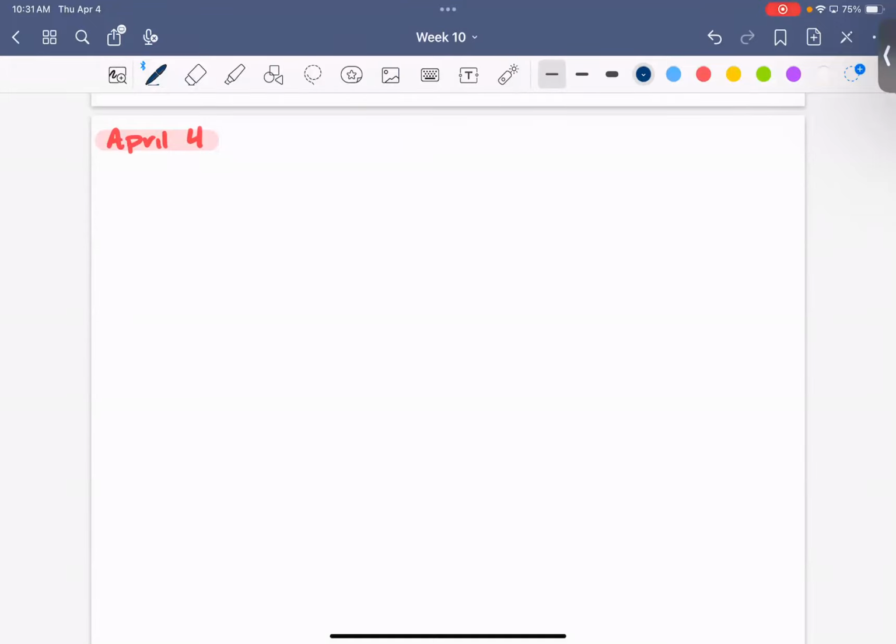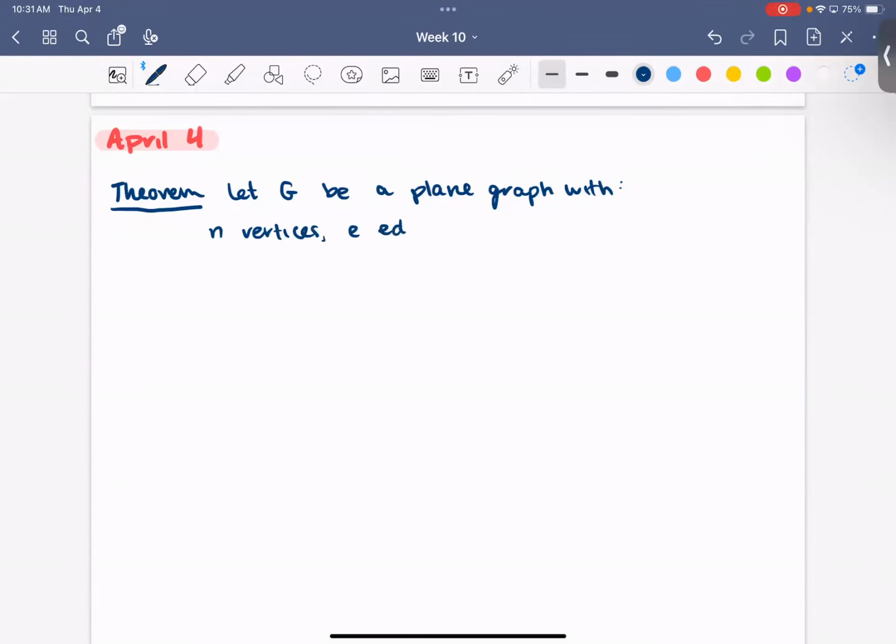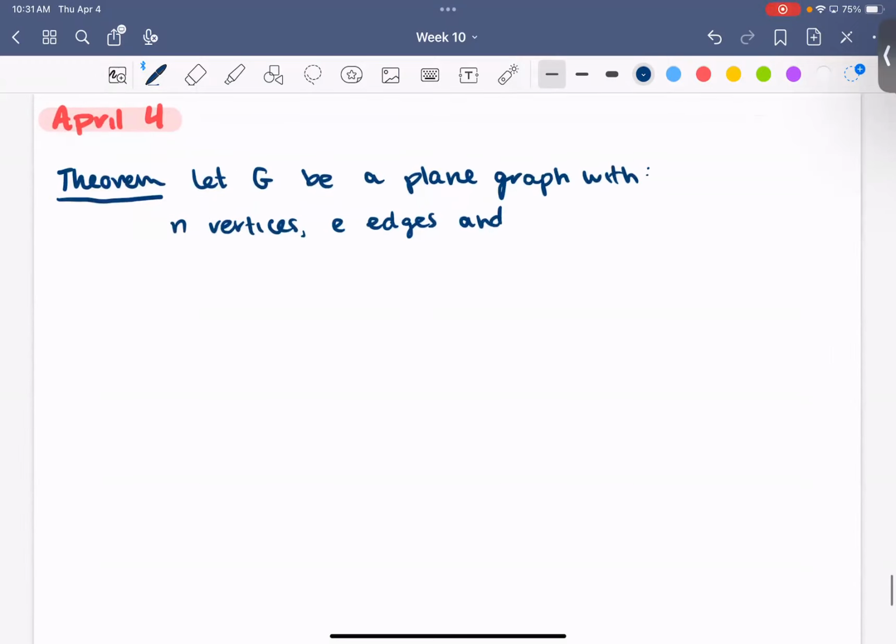Okay, so last time we ended with Euler's formula, which said the following. Let G be a plane graph with n vertices, e edges, and f faces.